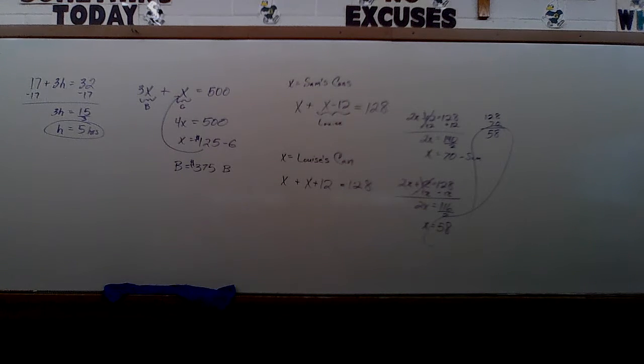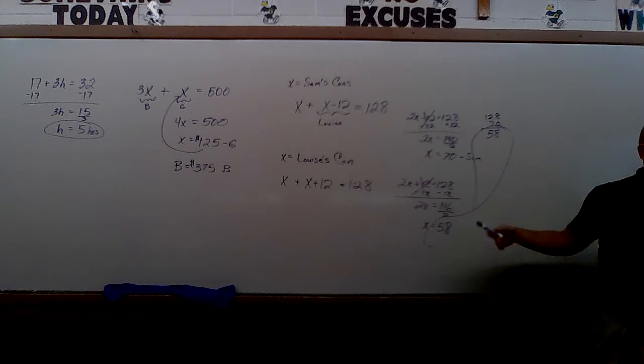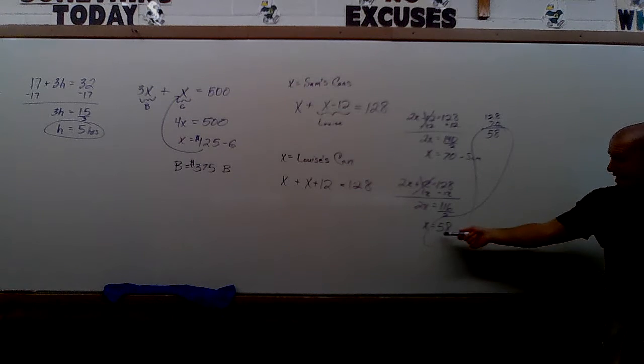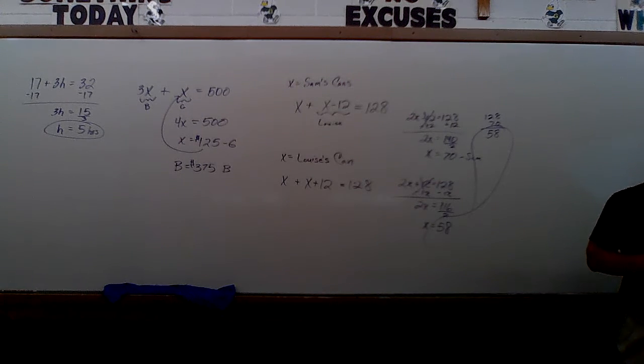Who did you make the variable? Who was x in your problem? Because if you didn't have the same person as being x, you're going to get a different initial answer, but eventually you would have gotten the same answers. And again, down here, we would have taken 128 minus 58, and we still would have gotten 70. That make sense what I'm saying?